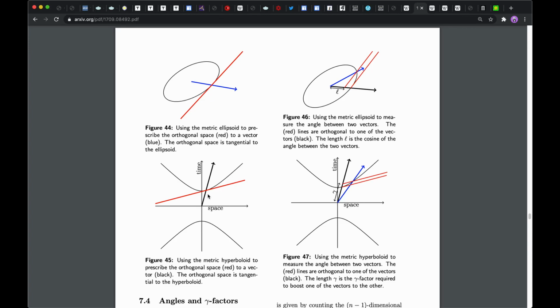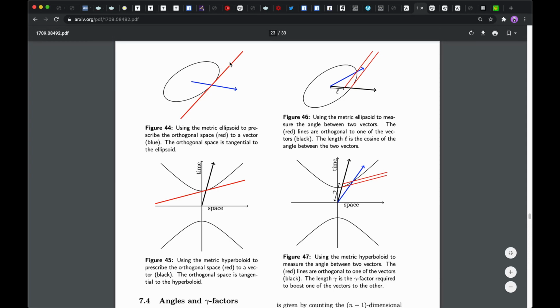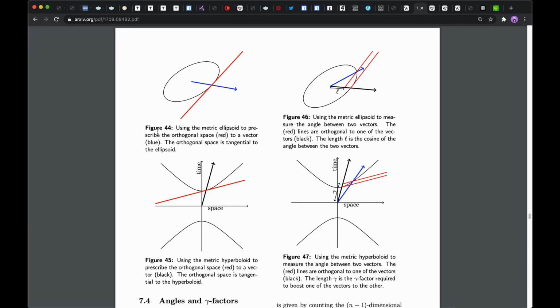Yeah, exactly. So I'm just wondering, in figure 44, are these lines supposed to be perpendicular to each other? Is that what we mean by the orthogonal space? Yep. So the equidistant surfaces of the matrix, those ellipses, and the tangents to those surfaces determine the directions which are perpendicular.